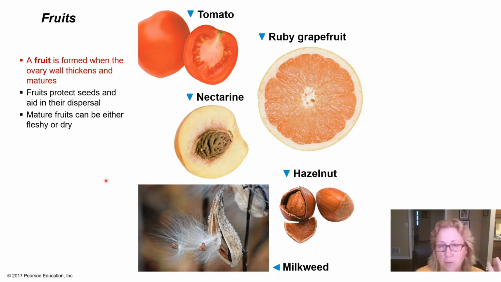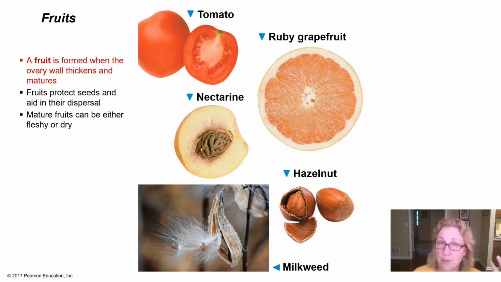Fruits are what forms from the ovary, and they vary quite a bit. Here's another case where the term that we use in everyday speech has a different meaning in science. Fruit in botany refers to whatever the ovary forms, whether it's something that we would recognize, like a tomato.